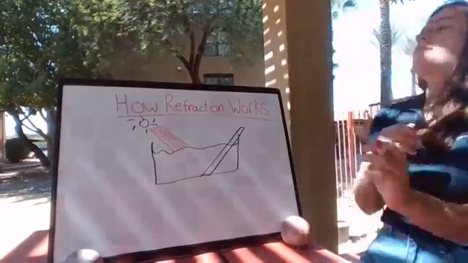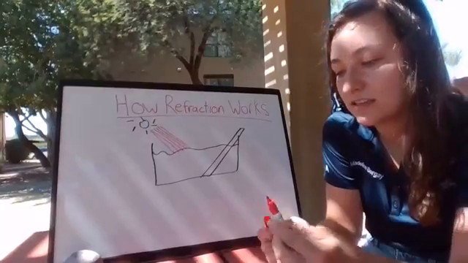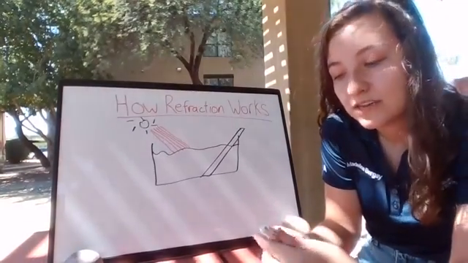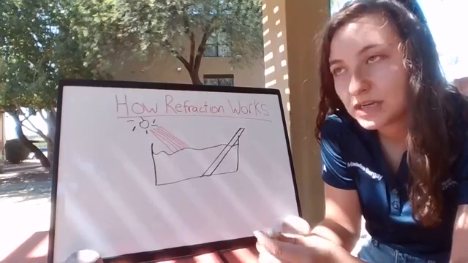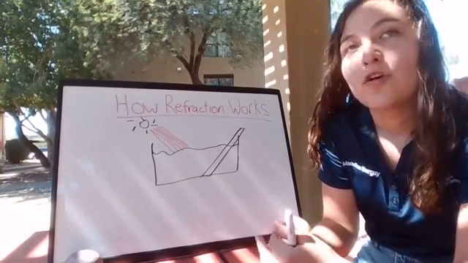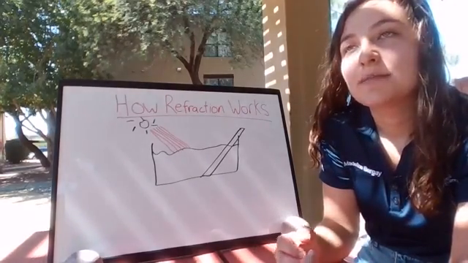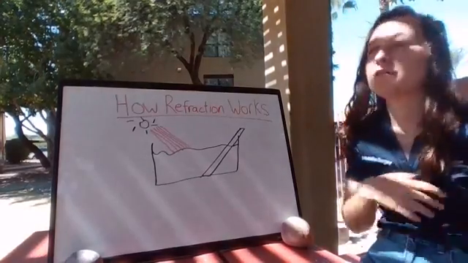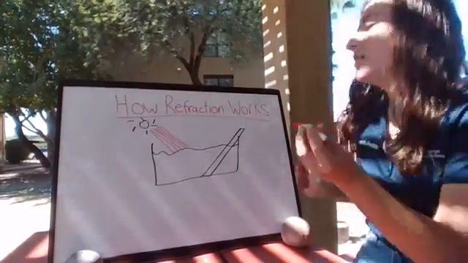Another thing about refractive indices is that different wavelengths perceive the medium differently. So red light might come in at a different angle than ultraviolet light.